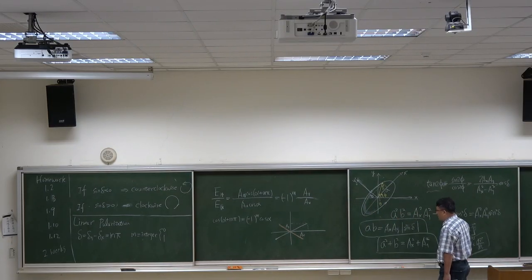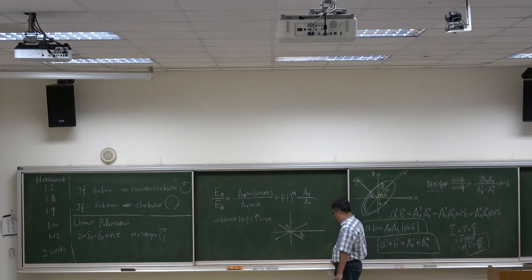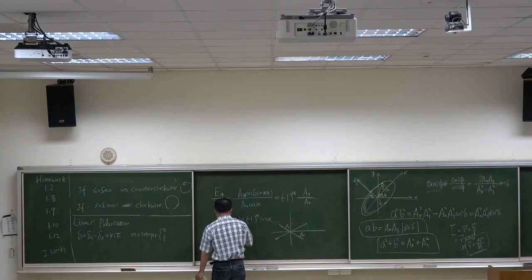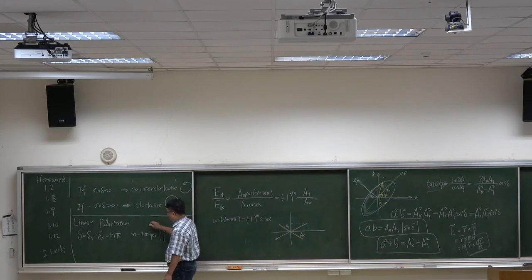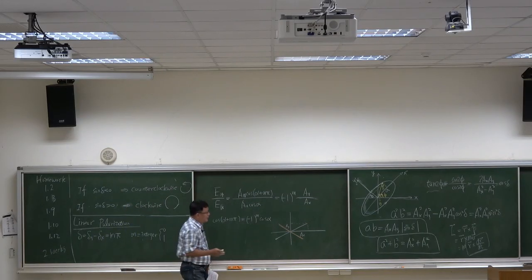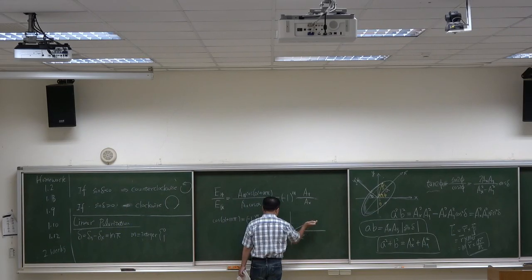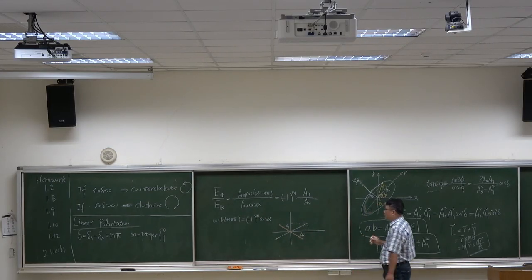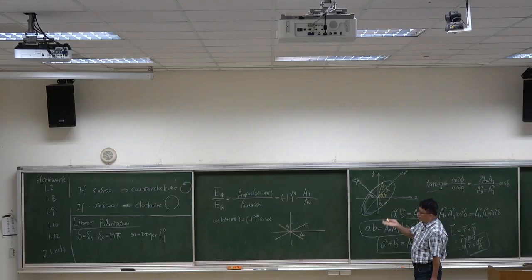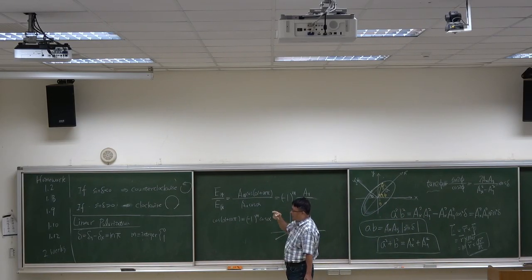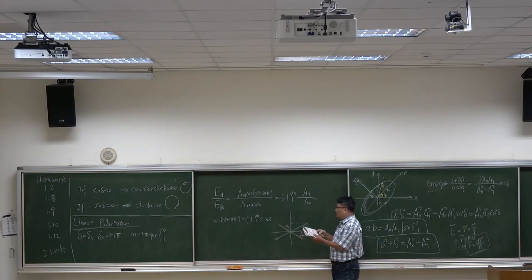So this is the so-called linear polarization. For linear polarization, we mean that the electric field vibrates back and forth along a single line.